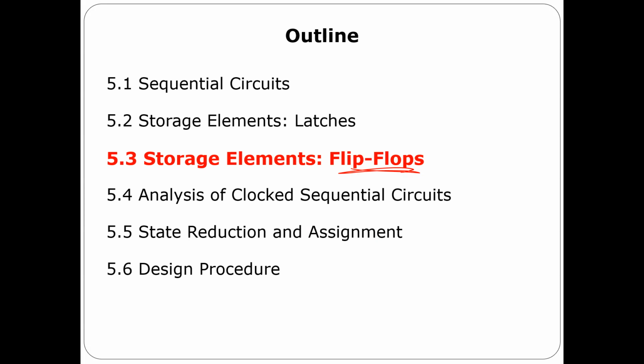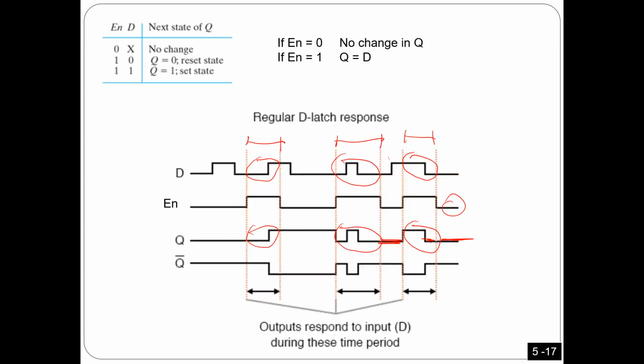I'm going to tell you. Look here, guys. For example, look at the enable part here. Once D changes, Q changes right away, immediately. Yeah, there is a small delay, we ignore it.